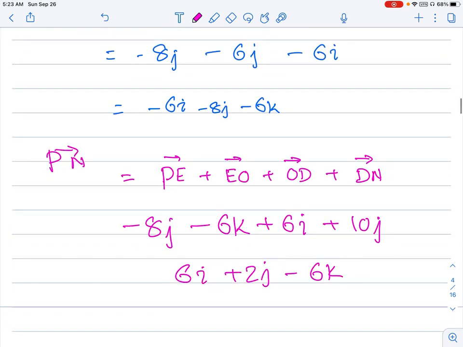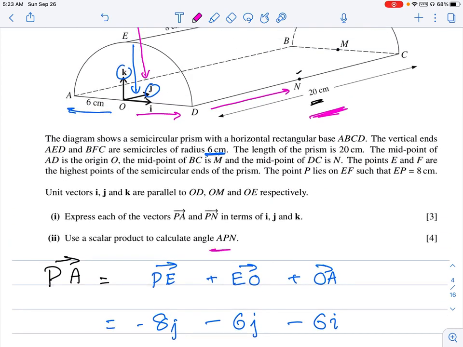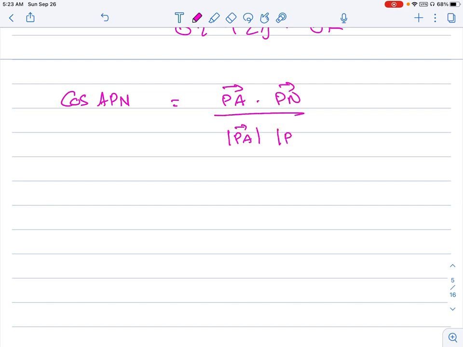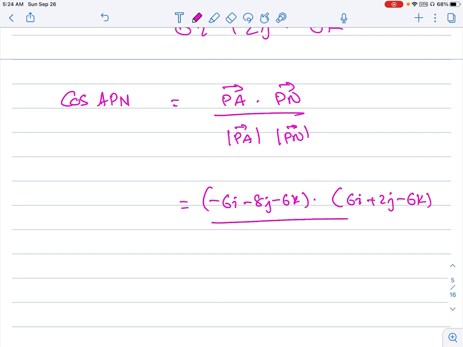Now, what else is being asked in the question? Use this to find angle APN. So cos APN is PA dot PN upon modulus of PA times modulus of PN. PA dot PN is (minus 6I minus 8J minus 6K) dot (6I plus 2J minus 6K), divided by the modulus of PA, square root of 6 squared plus 8 squared plus 6 squared, times square root of 6 squared plus 2 squared plus 6 squared.